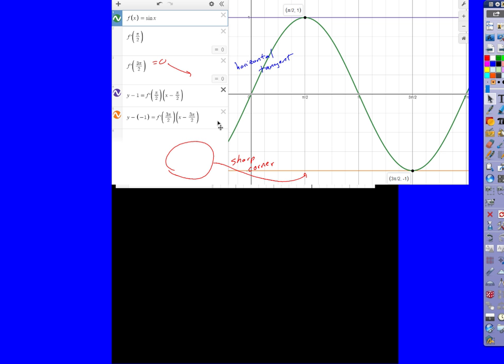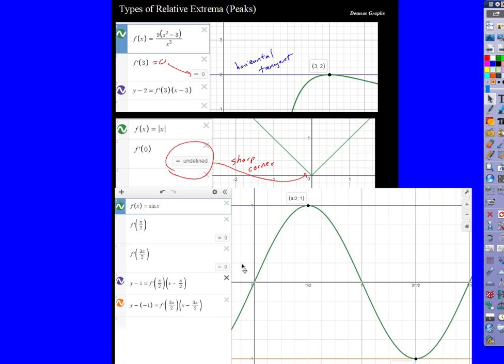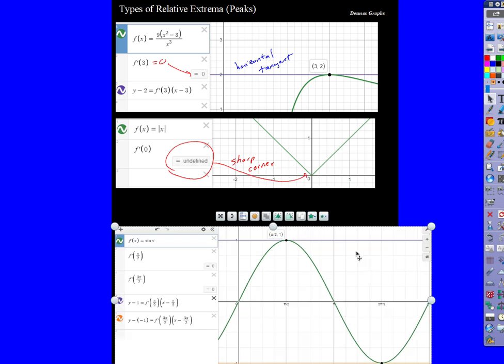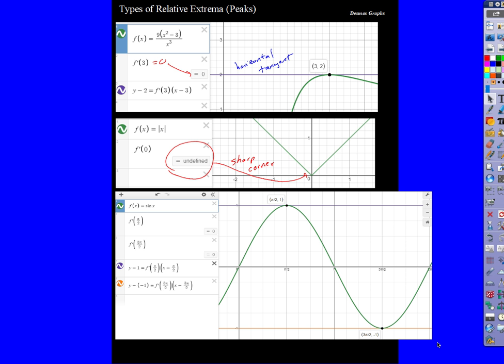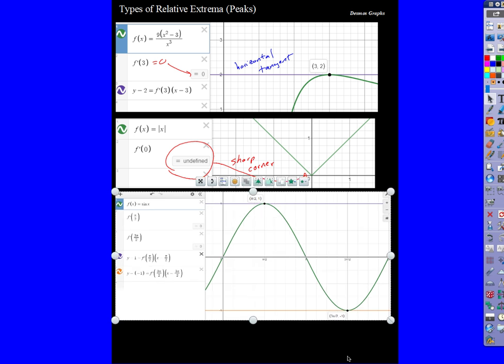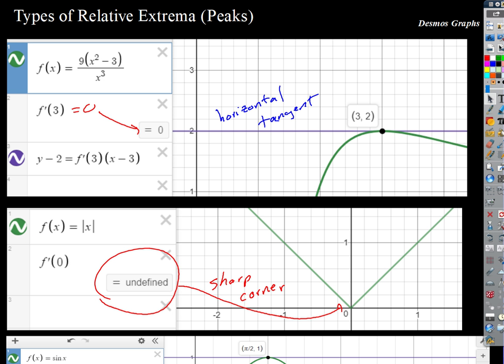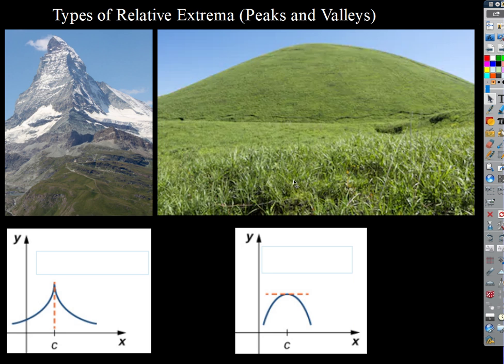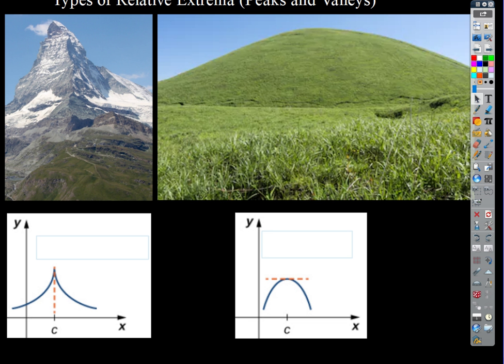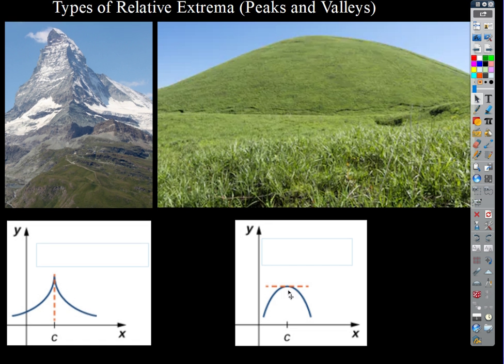Will that fit? Well, it's gonna have to fit. Okay, so we could summarize this then, right? We saw different types of peaks and valleys there, right? We saw a sharp peak, and that's representative of one flavor of extremum, and we saw a smooth rounded peak, okay?